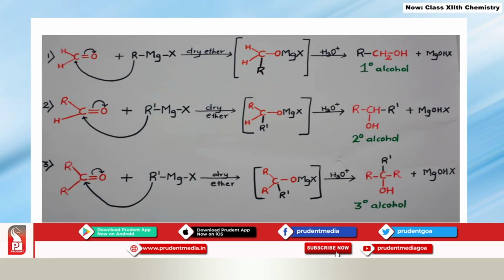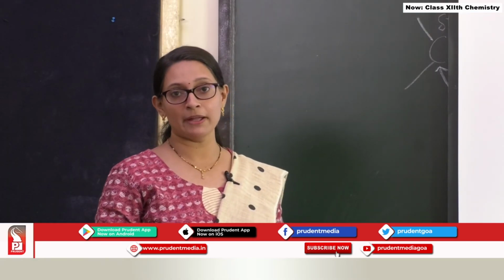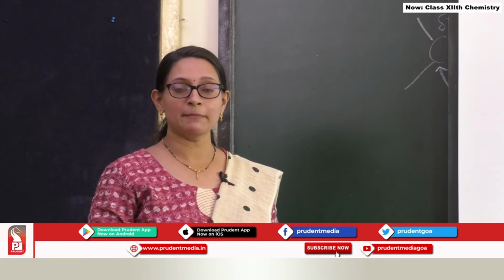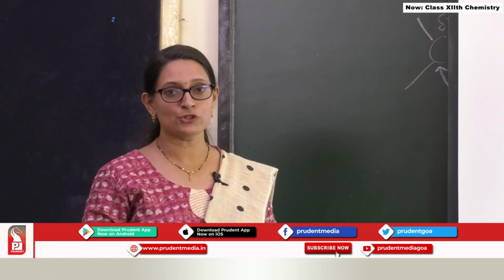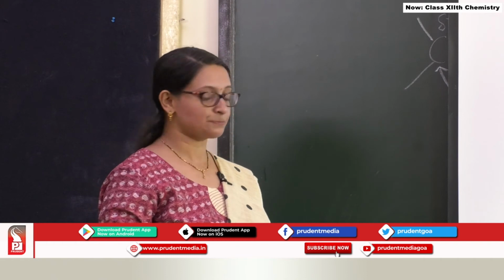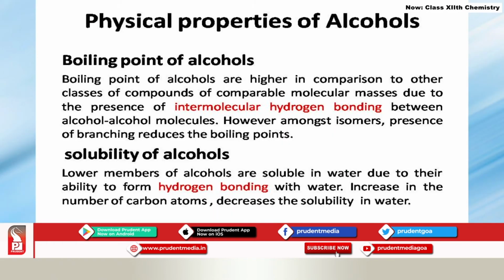So this is a very versatile method of preparing alcohols, that is by making use of Grignard reagent and adding them to different kinds of carbonyl compounds. Physical properties of alcohols. Mainly we have to focus on the boiling point of alcohols and solubility.